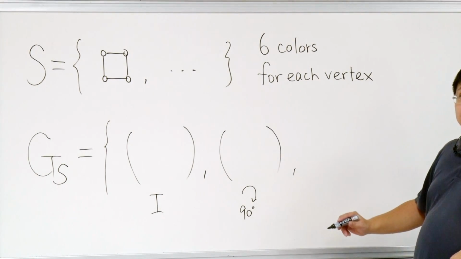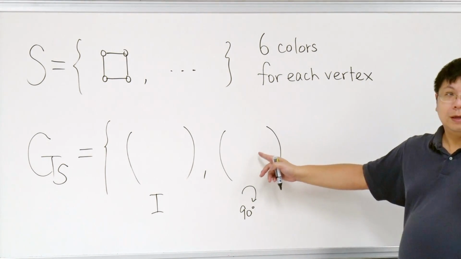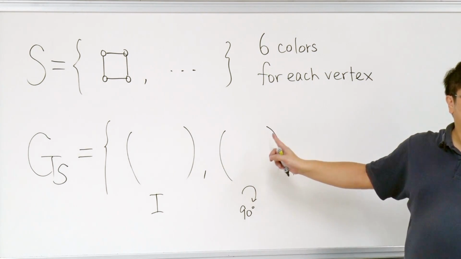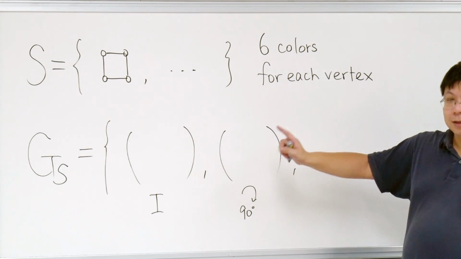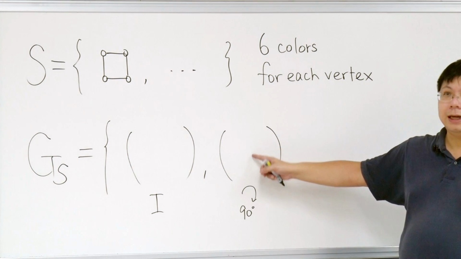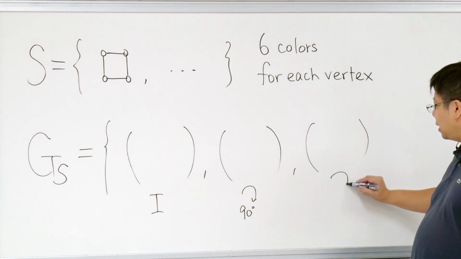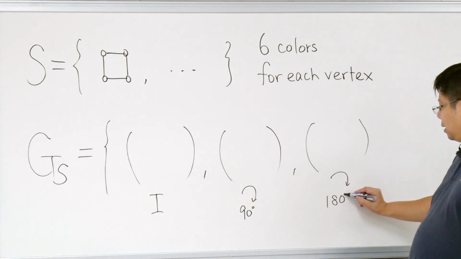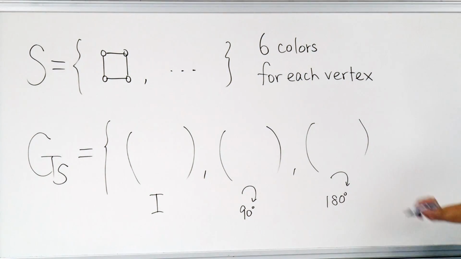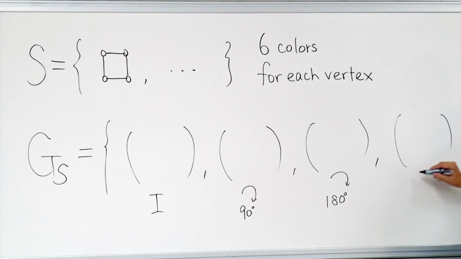And then we should do this. Remember, it is a group, right? So if you have rotate by 90, you can do rotate 90 and then 90 again, right? So you should still have something like rotated by 180. Is that okay? And then you should still have one more, rotated by 270. And then you find out that these are all the cases that we have. Okay?